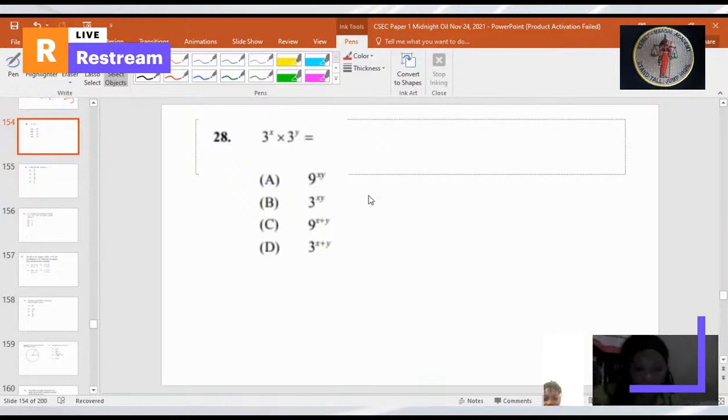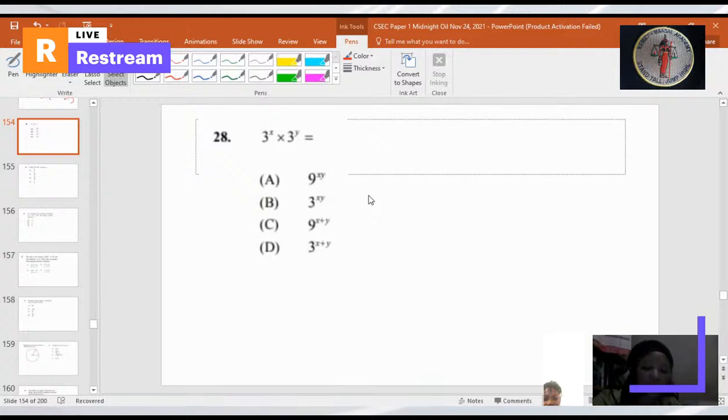All right. Number 28, 3 to the power of x times 3 to the power of y. So this is relating to the laws of indices. The law says when you're multiplying, you should add the powers if the base is the same. So 3 times 3 is 9, and then x plus y.